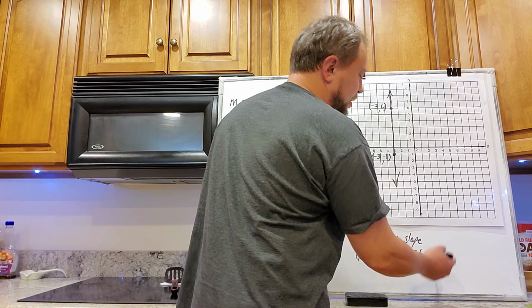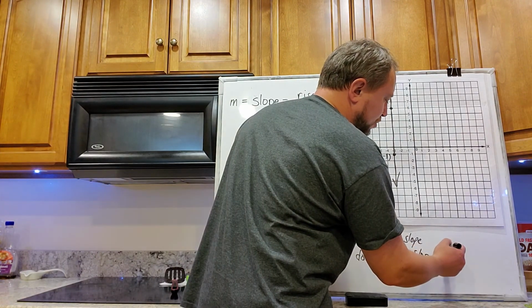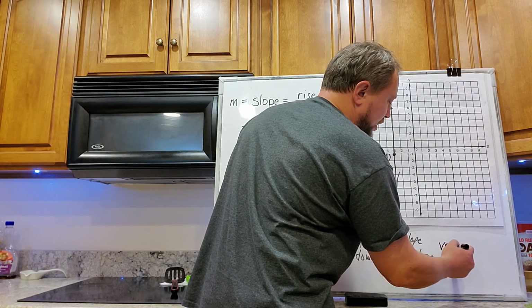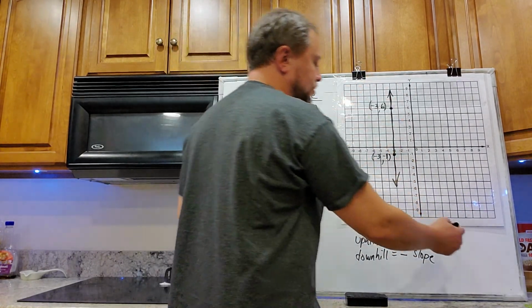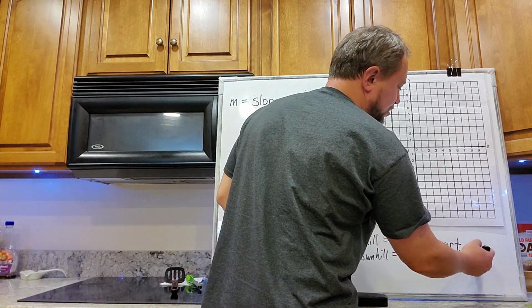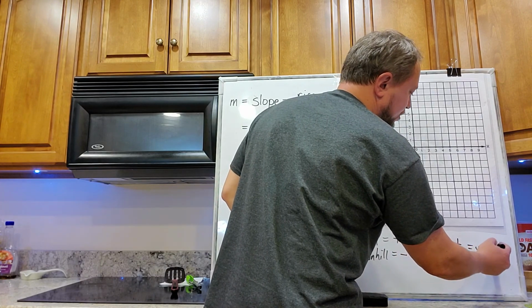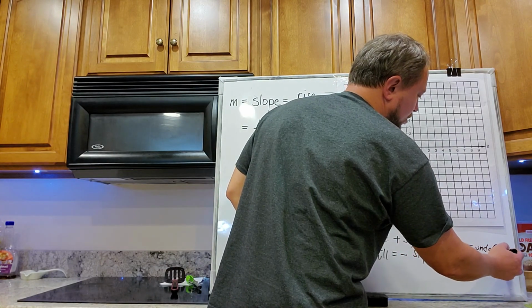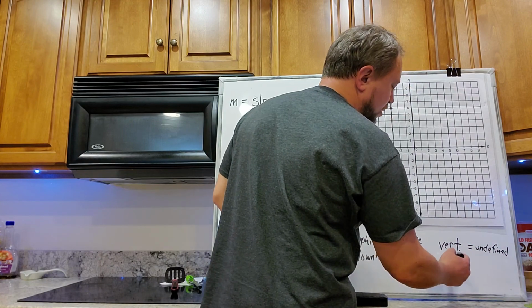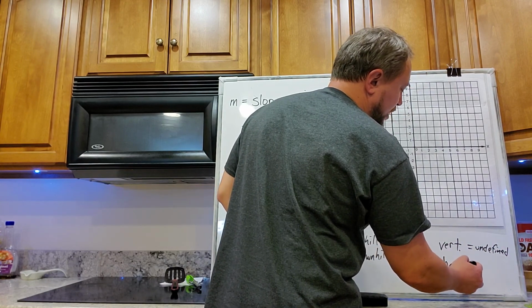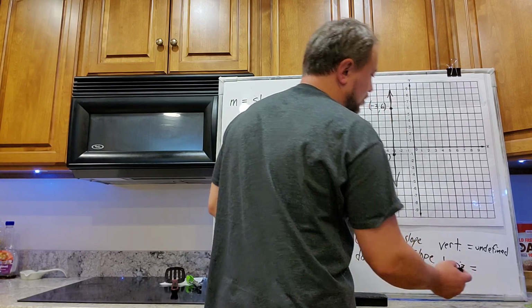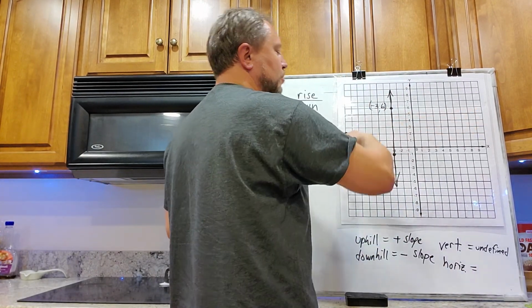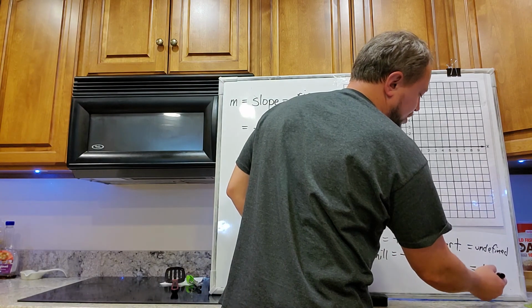So I want to add to my list down here those two that we just mentioned. Don't forget that vertical lines, like I'm just doing here, are undefined in their slope, but the horizontal lines that ran that way, remember, had a slope of 0.